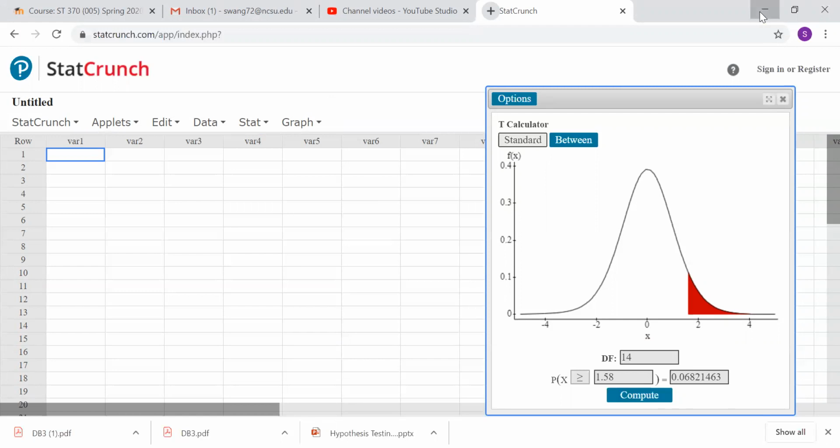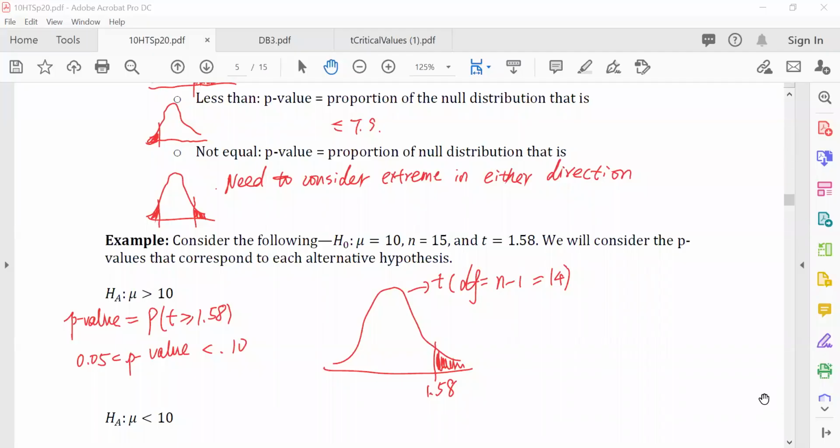in the table. So the exact p-value is going to be 0.068. So this area is 0.068.